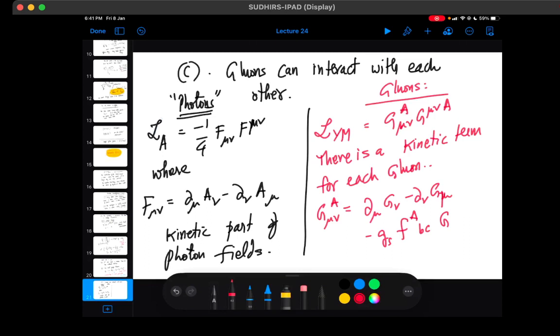So the kinetic terms of the gluons are 8 in number, and furthermore they are coupled equations.